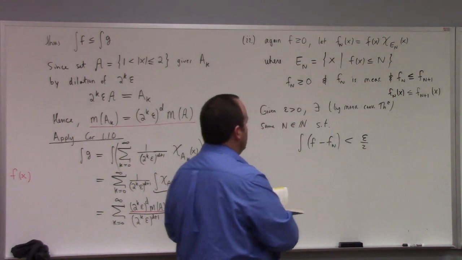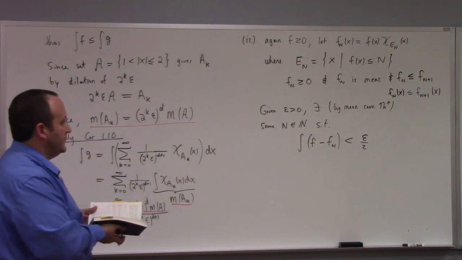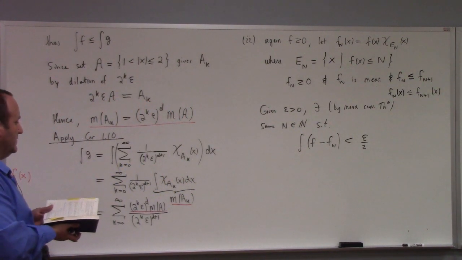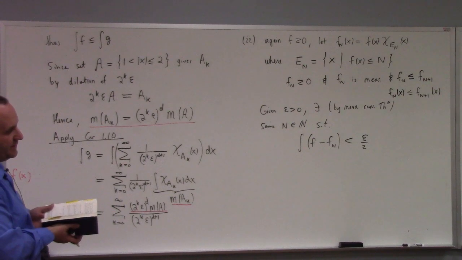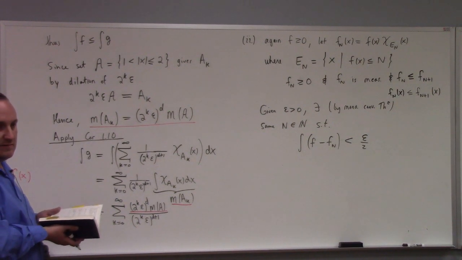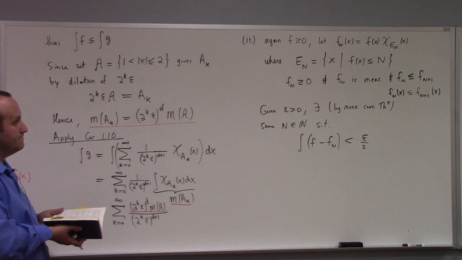Does that make sense? So the monotone convergence theorem says that we can do the same thing we did in the proof for part 1, right? Take the limit of fn as n goes to infinity, switch the order of integration and summation, and so yeah.